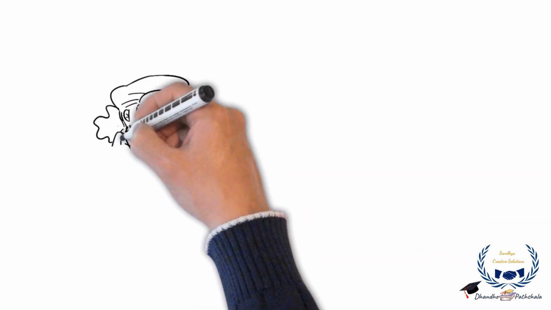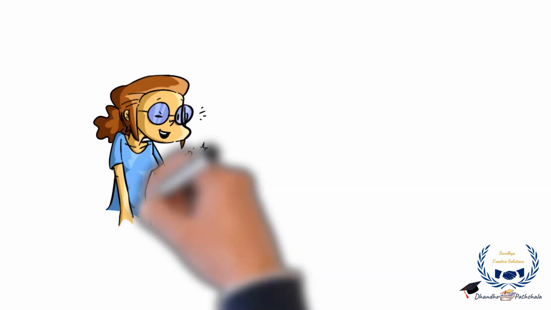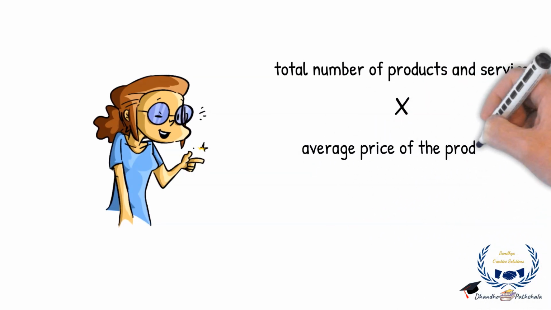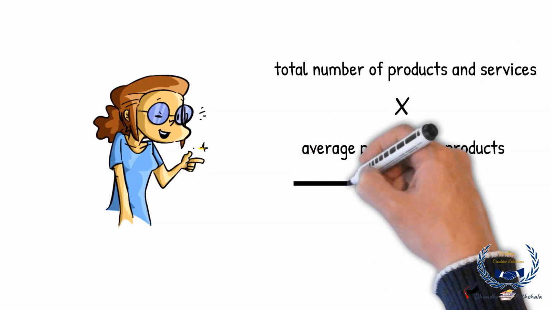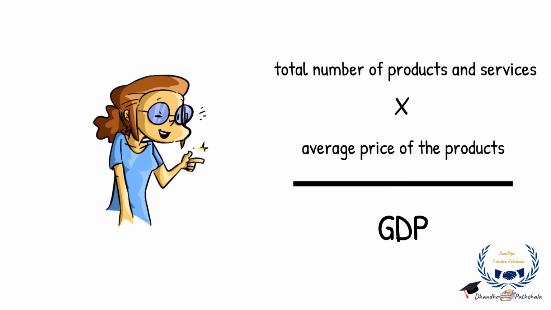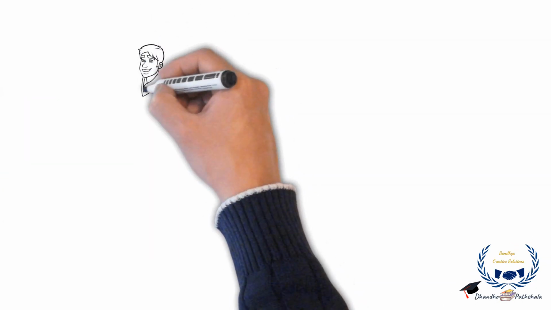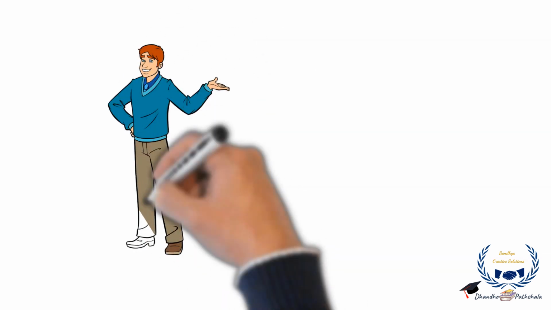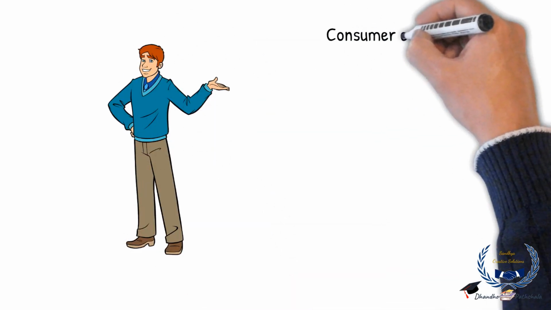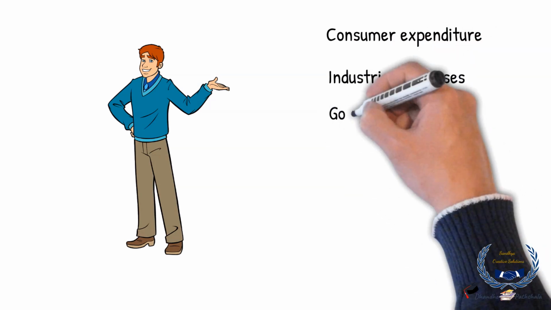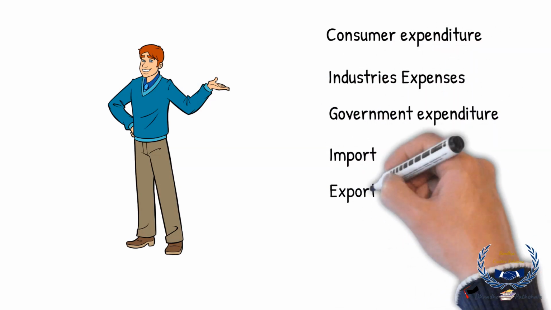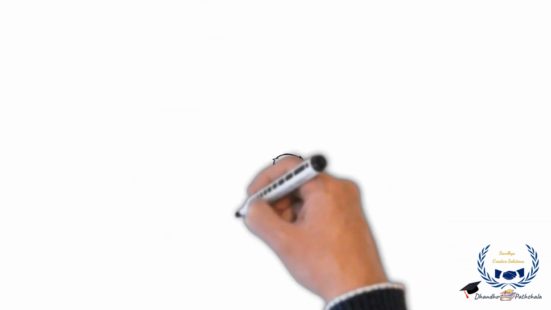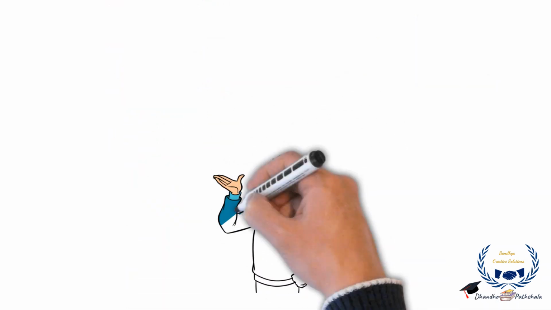So if we multiply the total number of products and services produced in India in a particular year with the average price of the products, we will get GDP. Though calculation of GDP is a very complicated process, where we consider many variable factors like consumer expenditure, industry's expenses, government expenditure, import, export, etc. But for ease of understanding, we will keep things simple at first.